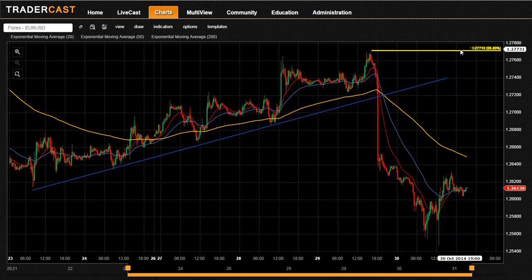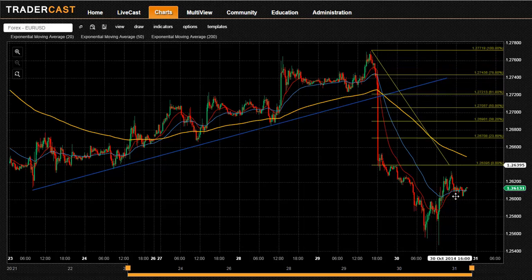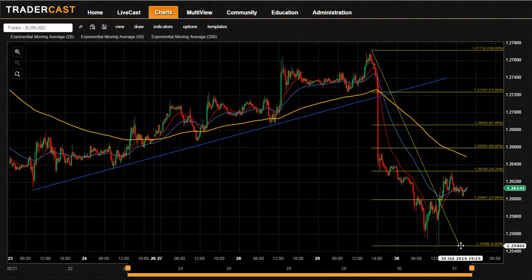So the levels that I'm keeping an eye on are fairly straightforward. Apart from these moving averages, we can apply a basic fib. We have current support at 26.13, and 26.00 would be obvious support as well. A loss of this 26.00 level could potentially target 25.60, 25.40 very quickly.